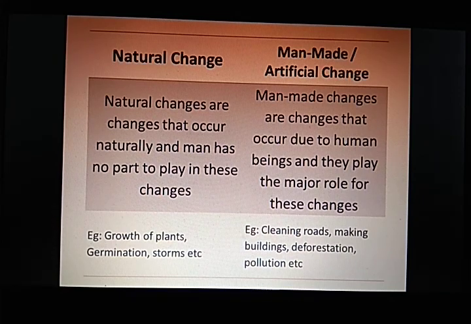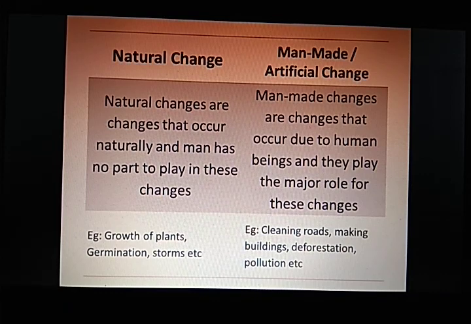These changes will be governed by natural forces and controlled by nature itself, and we will not be able to interfere or control these changes, and hence the natural change.